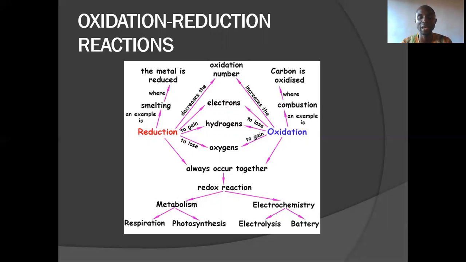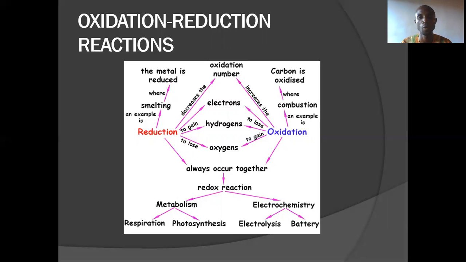Now, I said before introducing the topic that oxidation and reduction occur simultaneously. That is one thing we need to know. In a given equation or reaction, as oxidation is occurring, reduction is also occurring, because two of them are needed for a reaction to complete.